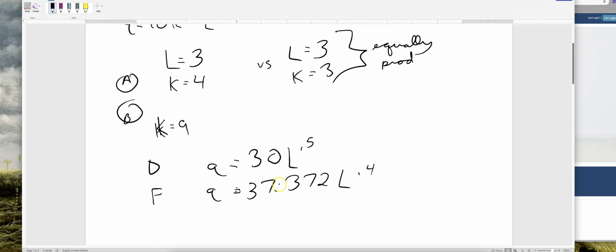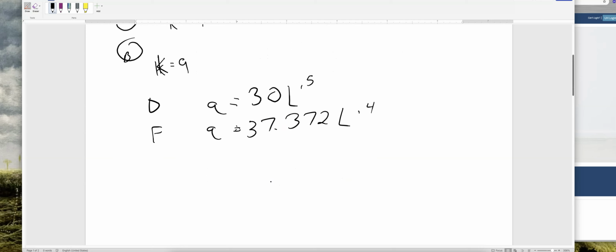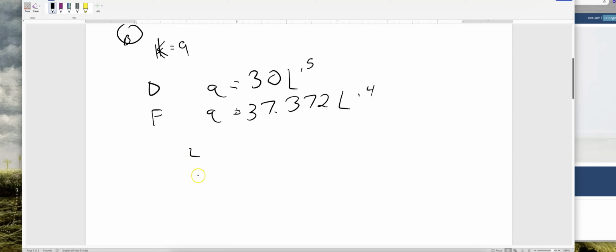And so then what you can do to solve this out here is create for yourself a little chart.